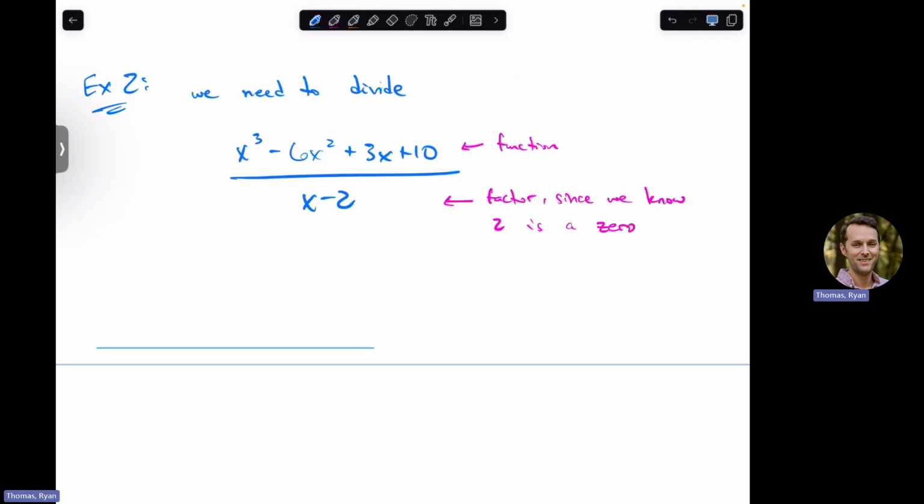That factor is linear. That means I can use synthetic division, which I assume we're probably going to be happier with anyway. So I'm going to divide this by this. Again, I'm going to take the coefficients here: 1, -6, 3, and 10. And I'm going to divide by x minus 2.